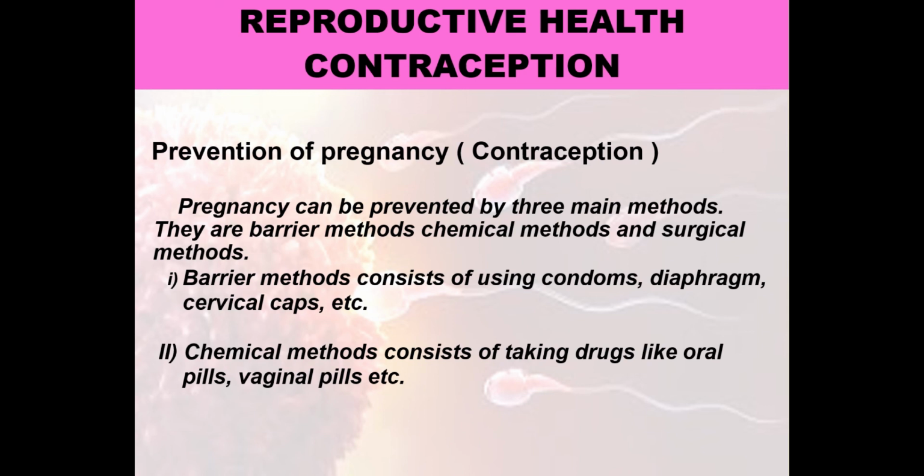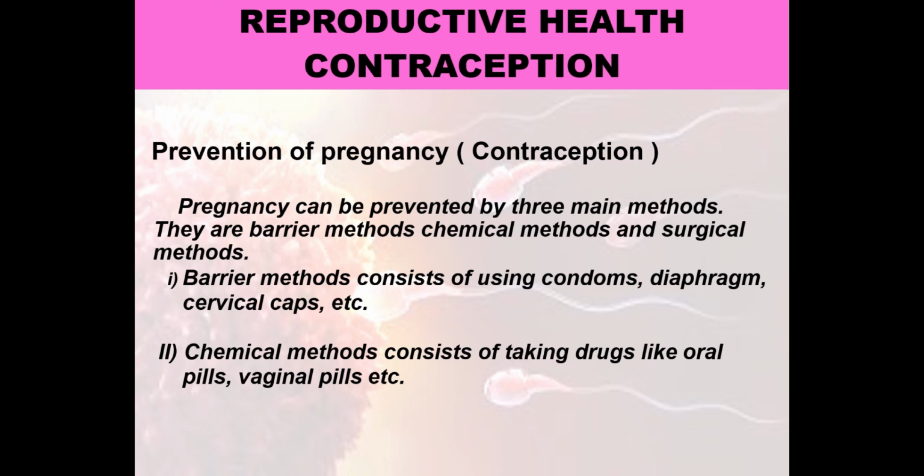As a result, the spread of STD is also prevented. So the only contraceptive method that can prevent the spread of STD is the use of a mechanical barrier, that is condoms.